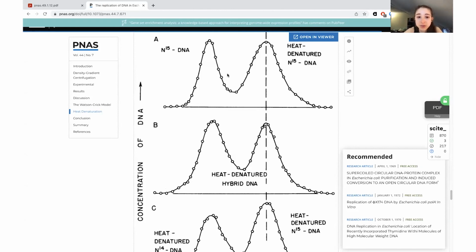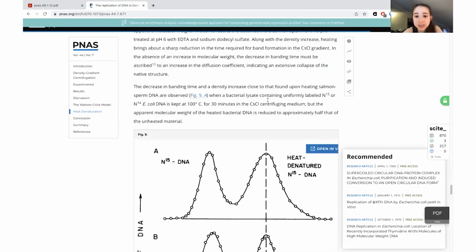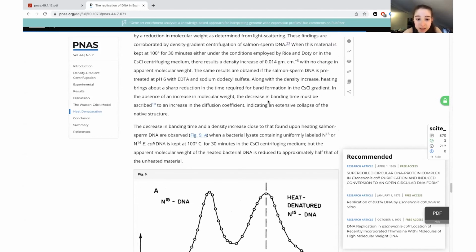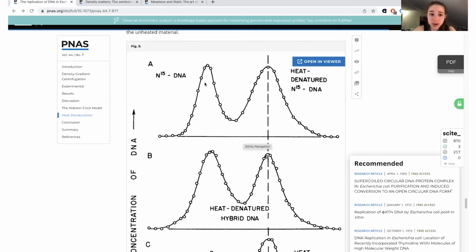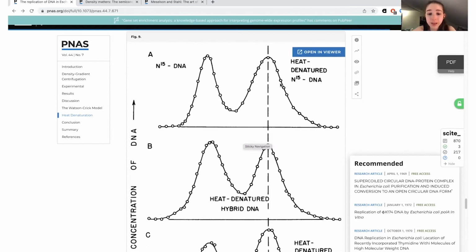In double-stranded DNA, you don't have as many cesium counterions because you have more protons, whereas with single-stranded DNA, it's going to be less protonated, more cesium, and this is going to make it heavier. Basically, you're able to see what you would expect with the heat-denatured DNA.